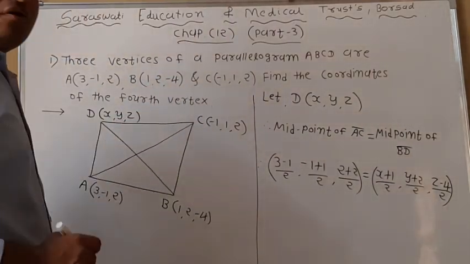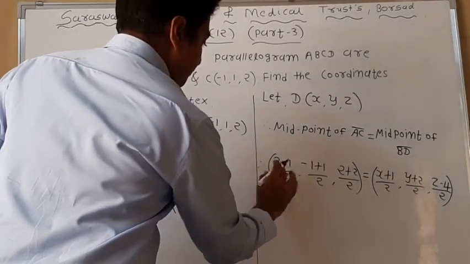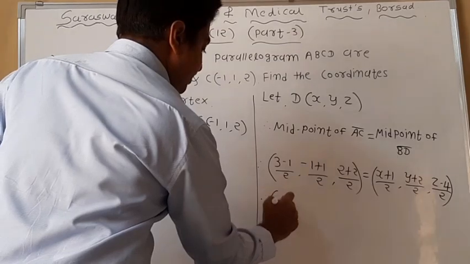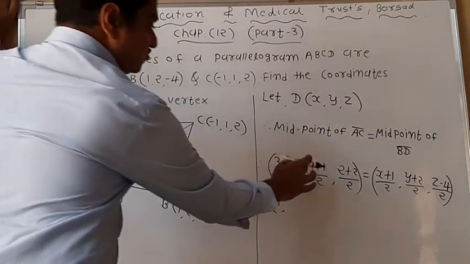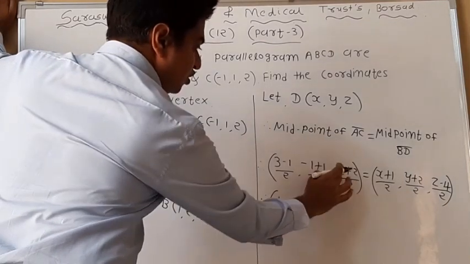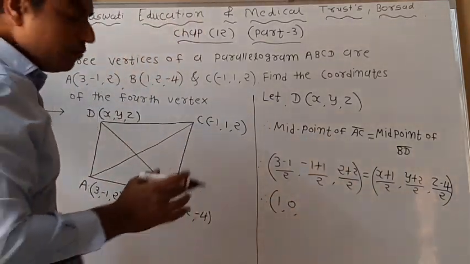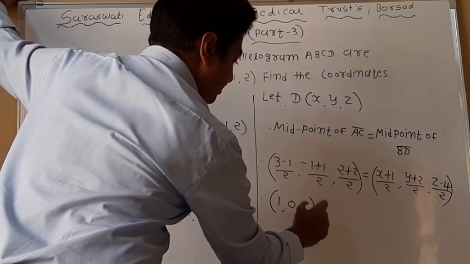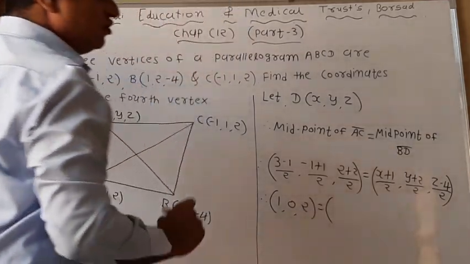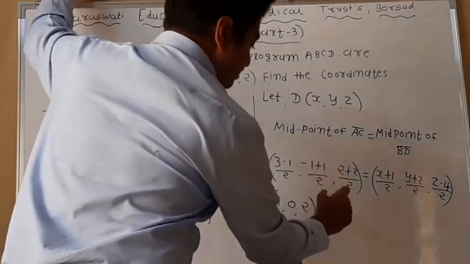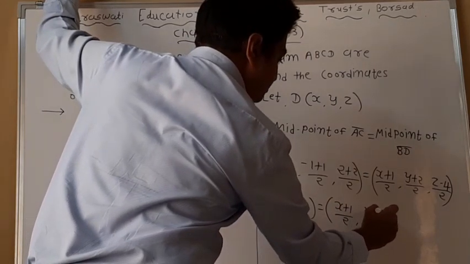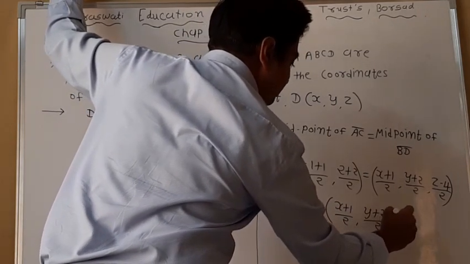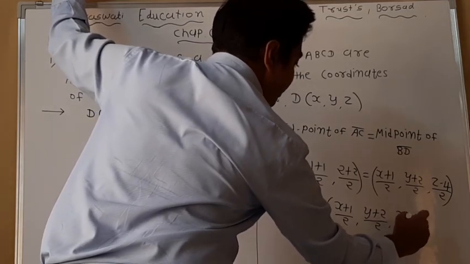Now after comparing these terms, 3 minus 1 divided by 2 gives 1, minus 1 plus 1 means 0, 2 plus 2 is 4, and 4 divided by 2 gives 2, equal to x plus 1 divided by 2, y plus 2 divided by 2, z minus 4 divided by 2.